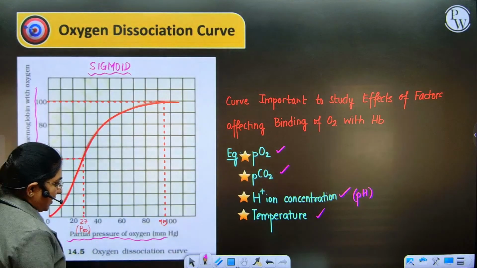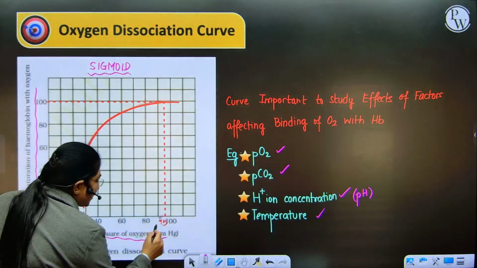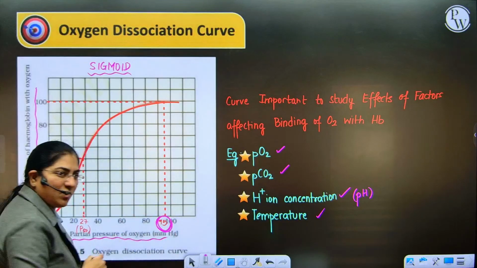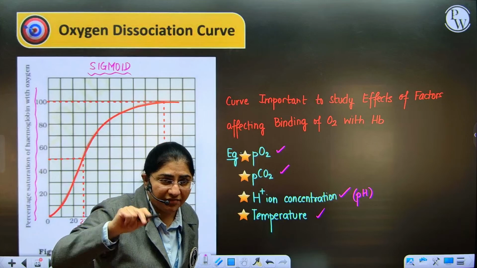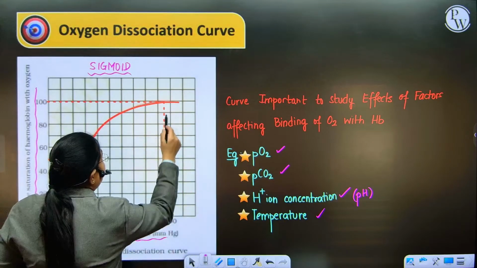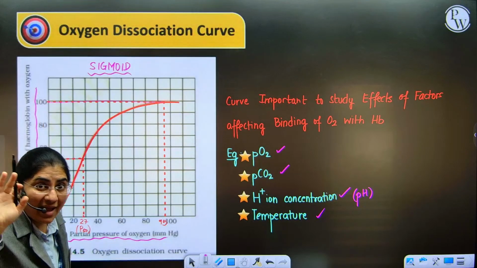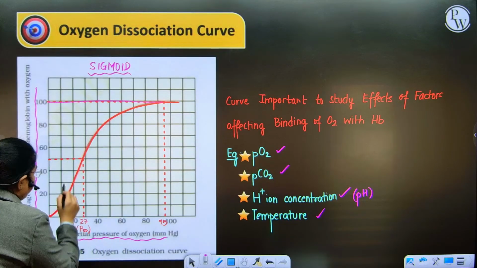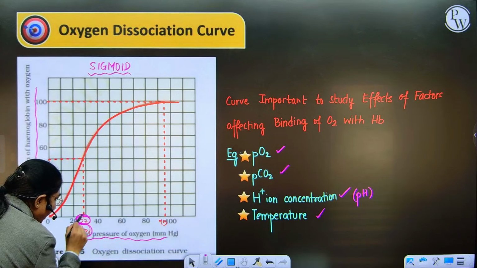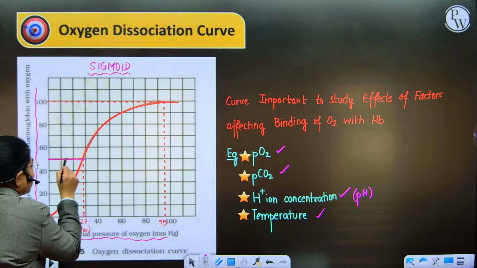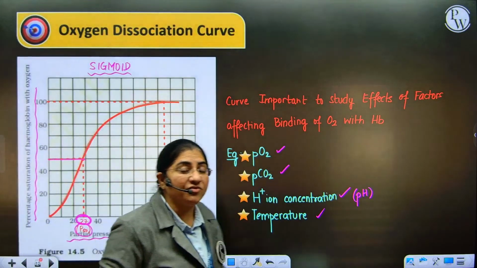If you pay attention to what is given in the theory, oxygenated blood has 95 mm of Hg partial pressure of oxygen. We just discussed. At 95 mm you see almost 100% is saturated. And at approximately 27 mm of Hg, 50% of hemoglobin is saturated, that is P50. What is P50?